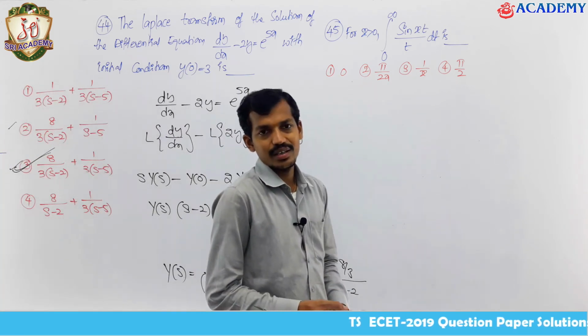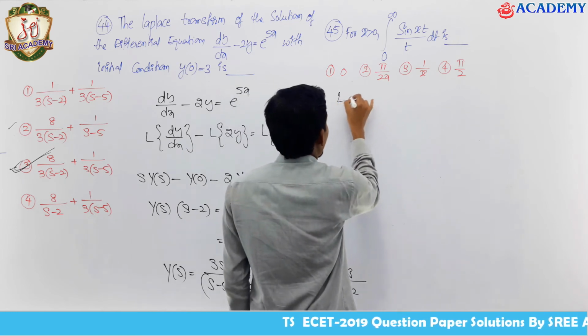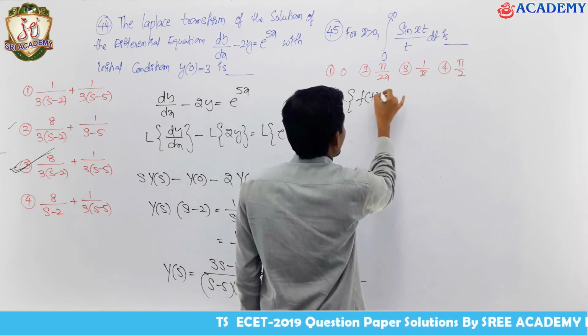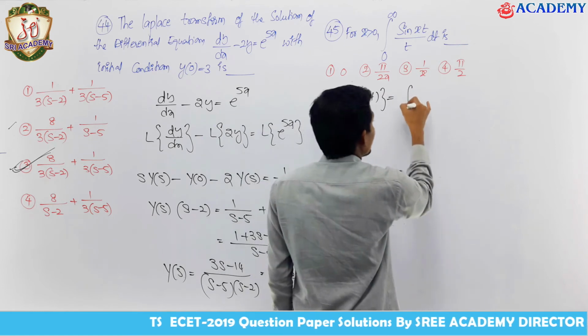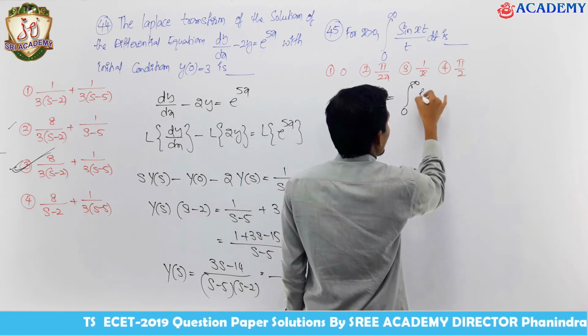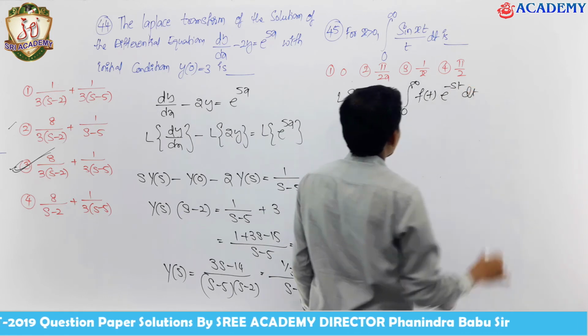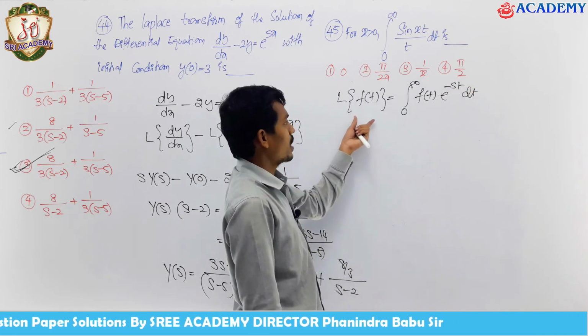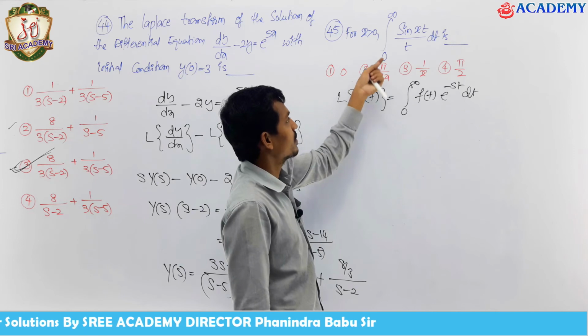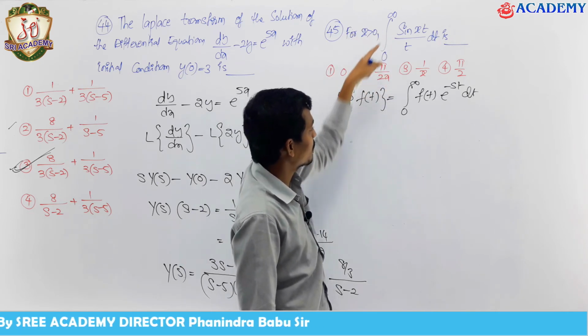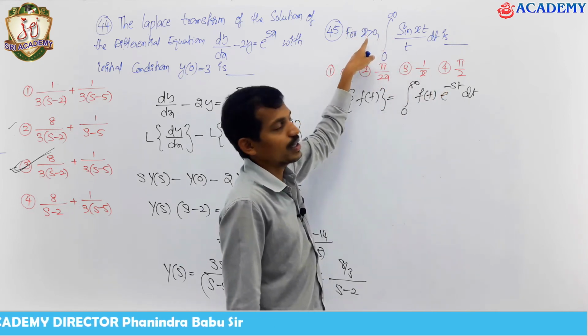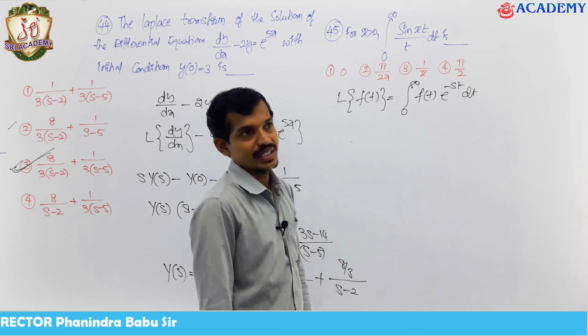But interlinked Laplace transform: Laplace of f of t is always the integral from 0 to infinity of f of t into e power minus st dt. See, I'm converting this, whatever 0 to infinity is there, into this Laplace representation.